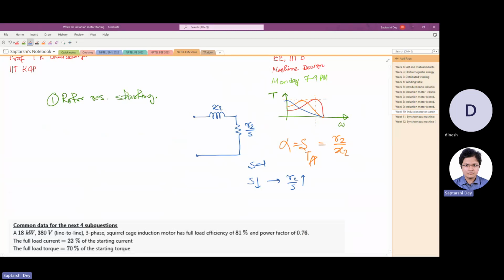Another way of starting, like what we do in a DC machine with armature voltage control, is auto transformer based starting. There are also inferior methods, where you put inductance or resistance in series.